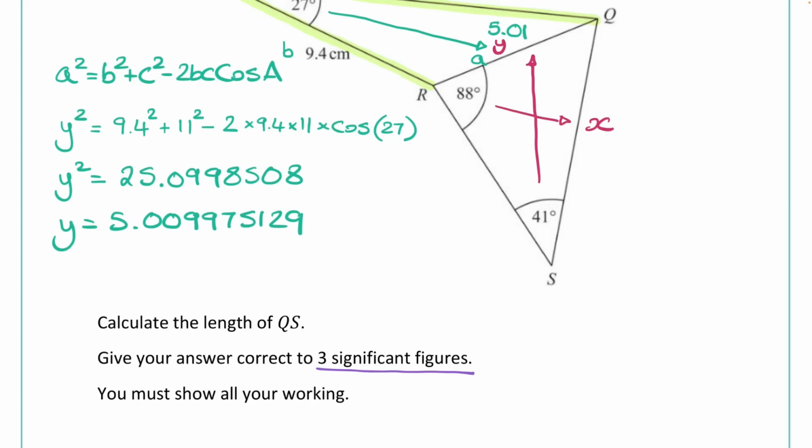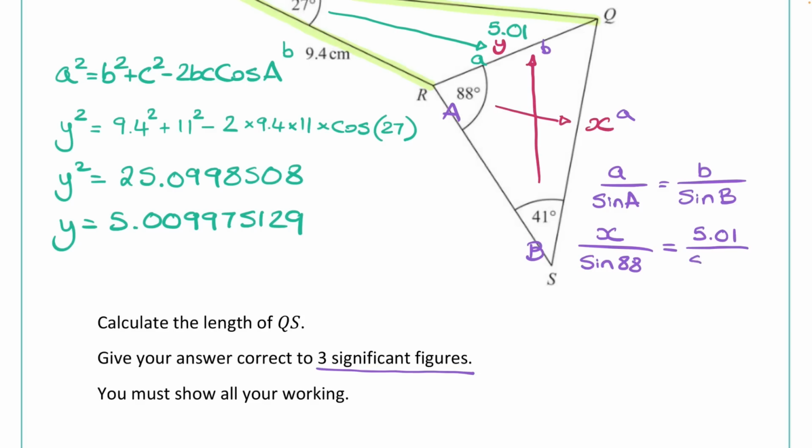So I want to label this up with my sine rule, and the sine rule for a side length is a over sine big A is equal to b over sine big B. So I want to label x with my A, 88 will be my big A, and then the other side that we have, little b, and the angle here, big B. So I put all my pieces in place. We have x over sine 88 is equal to 5.01 over sine 41.